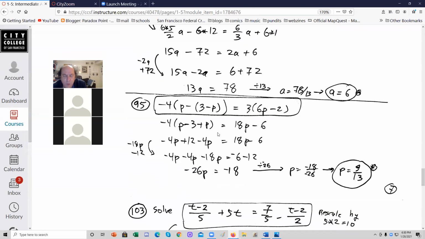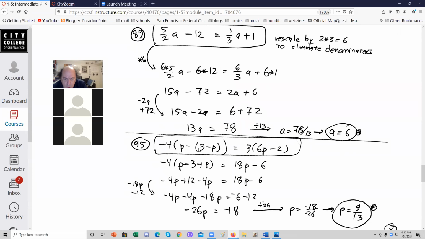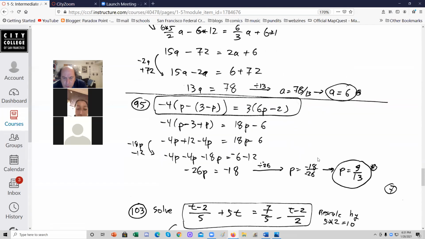Oh, I see. Then it's negative 4 times (p minus (3 minus p)), equal to 3 times (6p minus 2). Distribute 3 over these two terms. 3 times 6p is 18p. 3 times negative 2 is minus 6. Thank you. No problem.